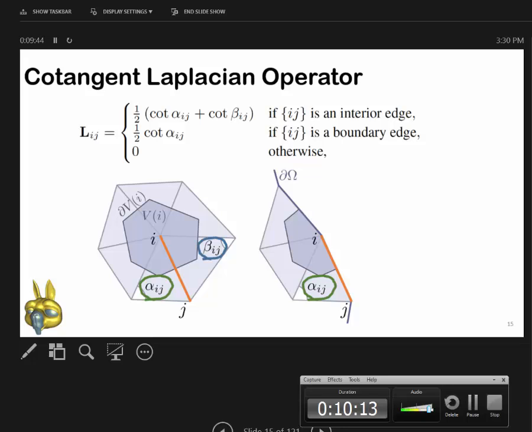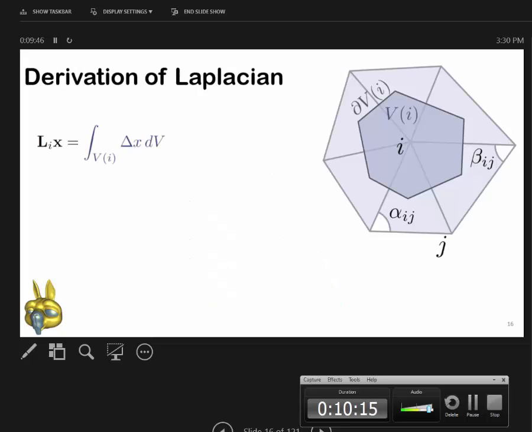There are many ways to derive this Laplacian, but we would like to take a different approach. So assume that vertex i is any interior vertex on the mesh, and we start by integrating the delta x within the one-ring neighborhood of vertex i. We can apply the divergence theorem, so the volumetric integral now becomes a boundary integral, a line integral.